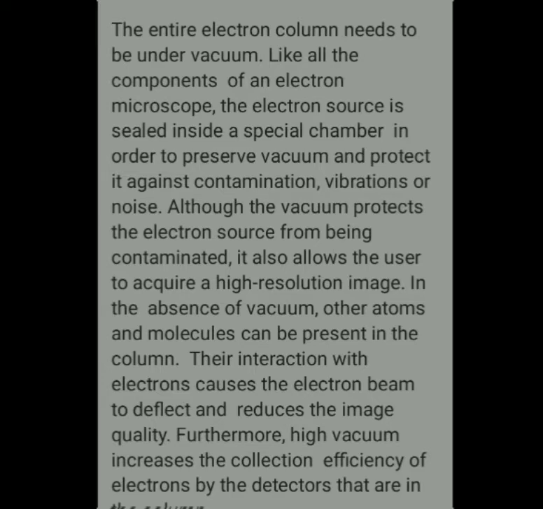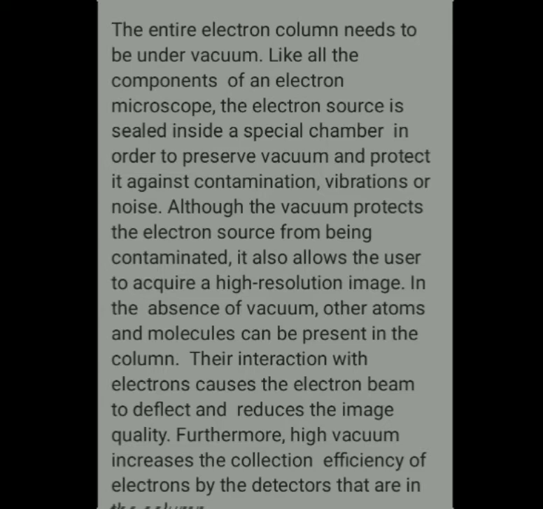The entire electron column needs to be under vacuum, like all the components of an electron microscope. The electron source is sealed inside a special chamber in order to preserve vacuum and protect it against contamination, vibration, or noise. Although vacuum protects the electron source from being contaminated, it also allows the user to acquire a high resolution image.